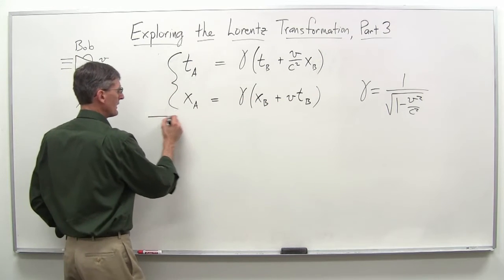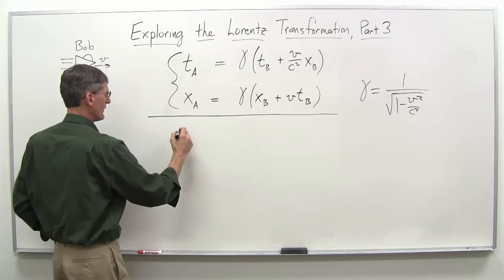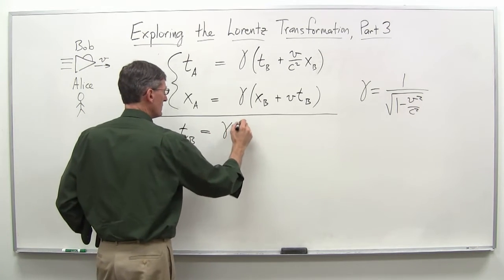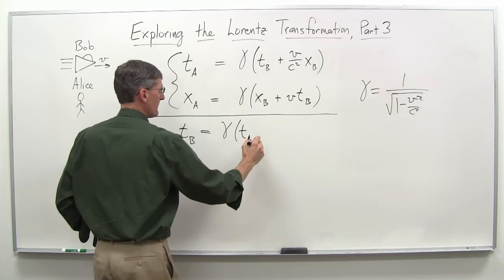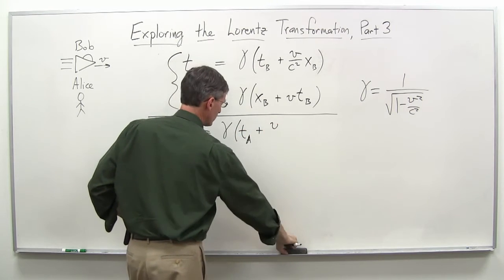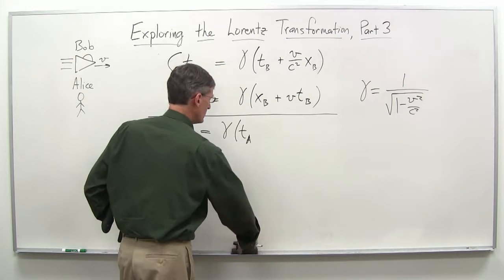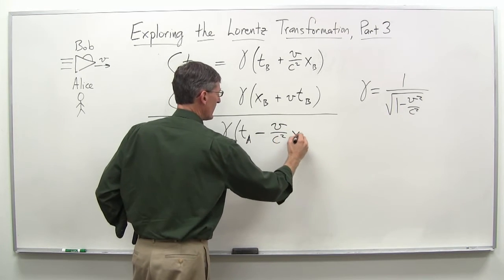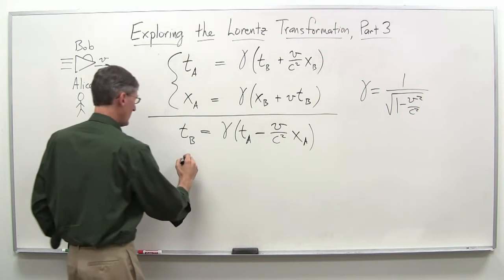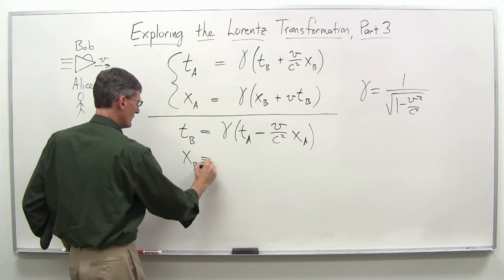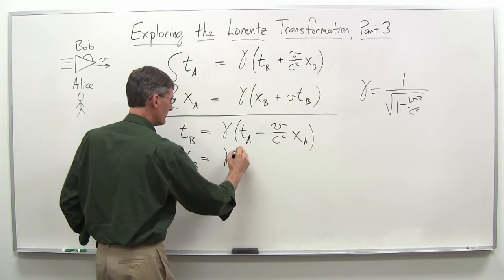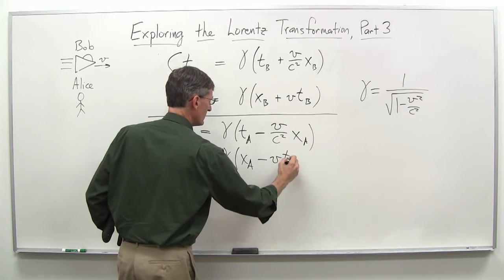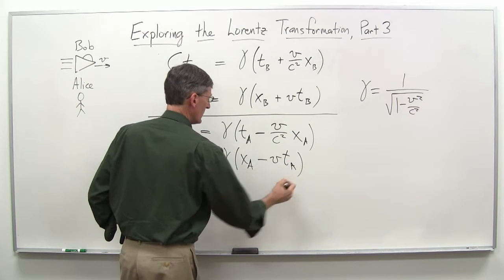So we can write it like this. From Bob's perspective, we'd say TB for Bob is gamma times (TA minus v over c squared times xA), and xB for Bob is gamma times (xA minus v tA), like that.